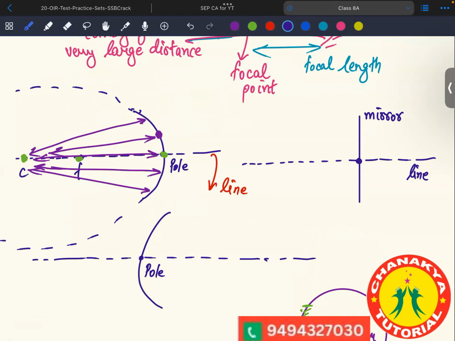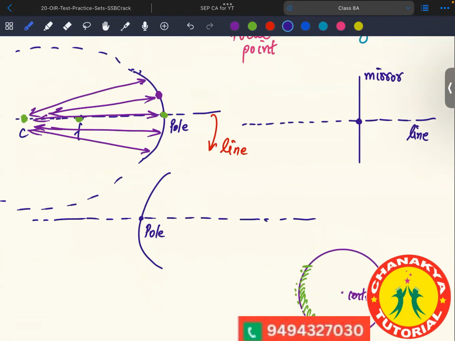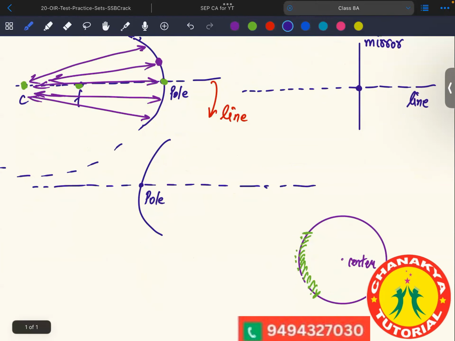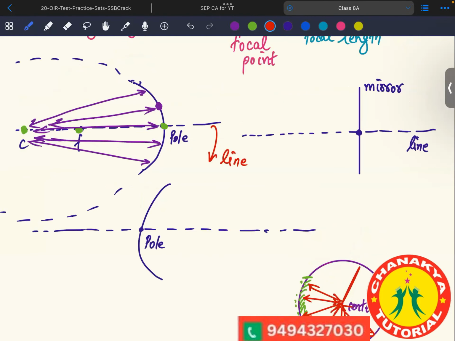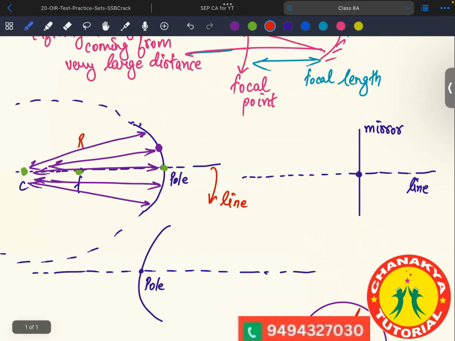The distance from this C to any part, like in a circle, this distance or this distance or this distance, all these distances are the same in a circle because these are radii. Likewise, this also is a kind of radius, and we take it as R.